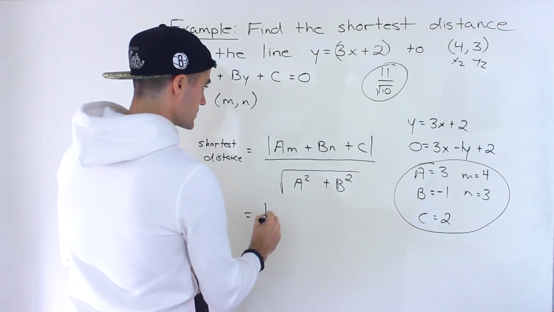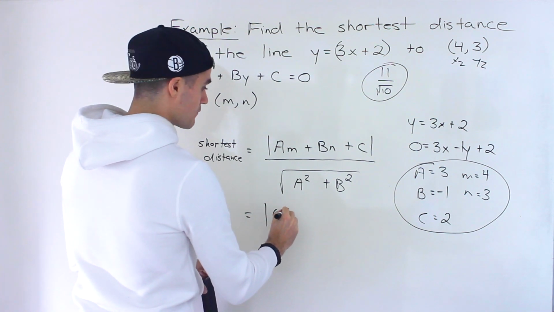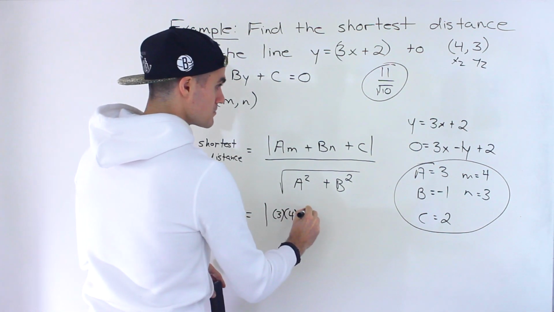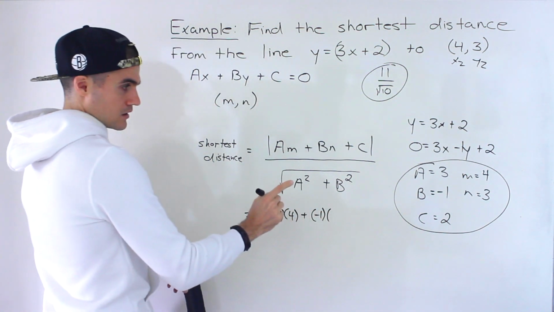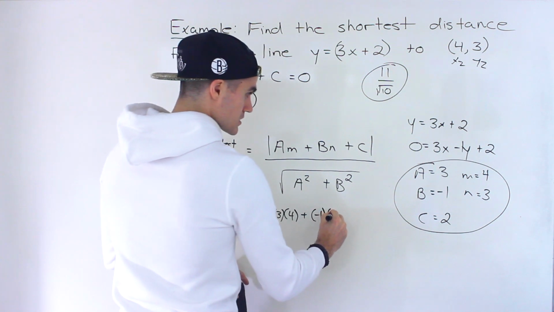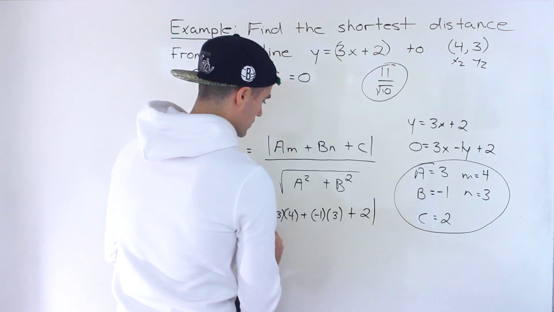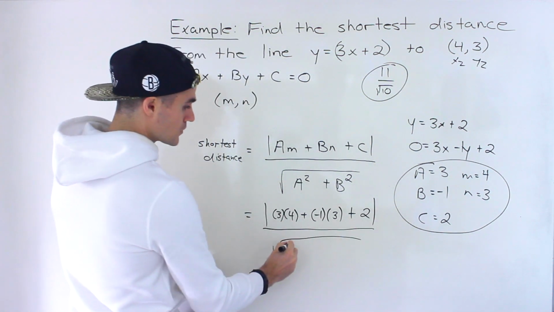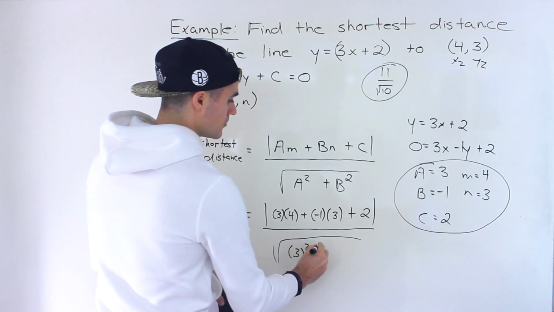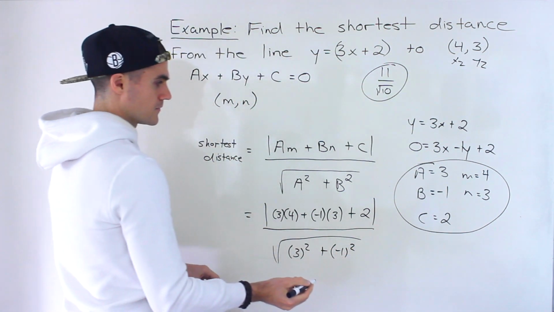We'd end up with the absolute value of 3, the a value, times the m value, 4, plus the b value of negative 1, times the n value, which is 3, plus the c value of 2. That's going to be all over the square root of a squared, which is 3 squared, plus b squared, which is negative 1 squared.